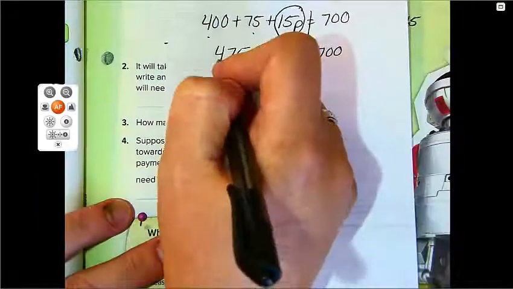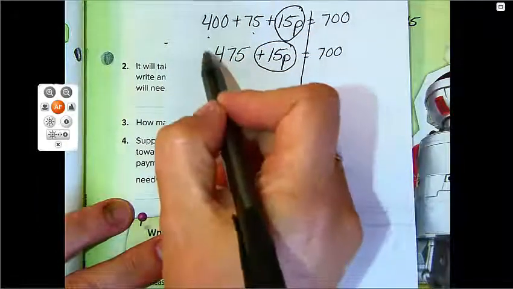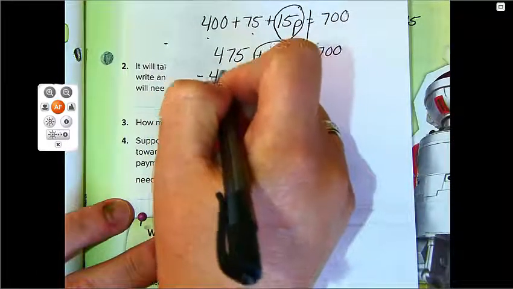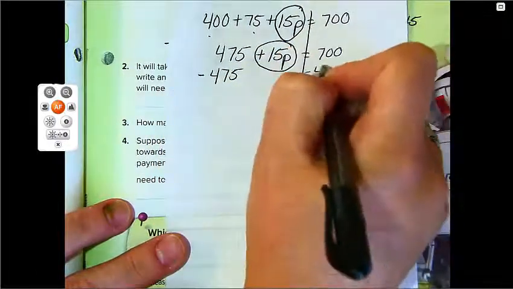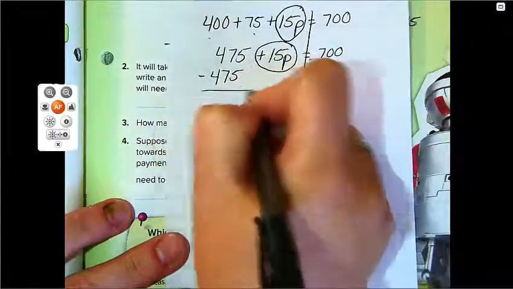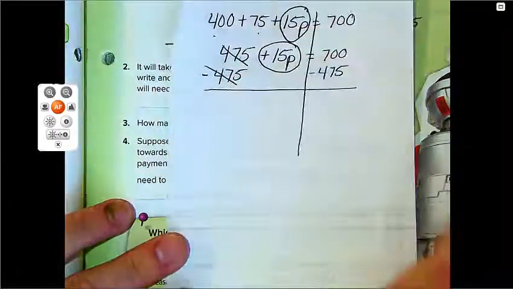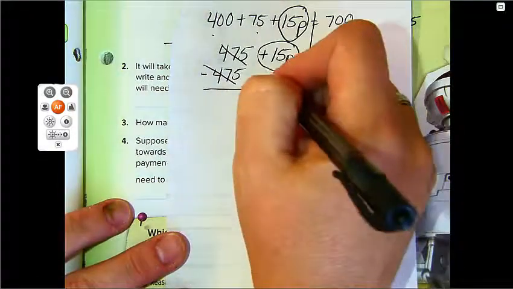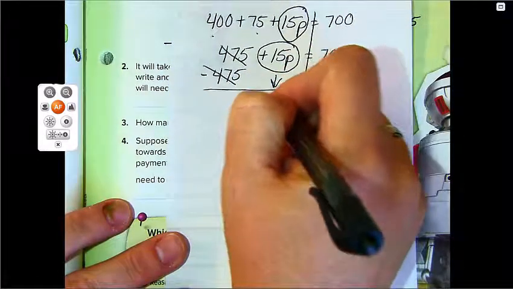So I'm going to move this 475. It was positive since there's no negative sign out here. So when I move it, it becomes a negative 475. My 475s are gone because a positive 475 minus 475 is 0. Bring down your 15p.